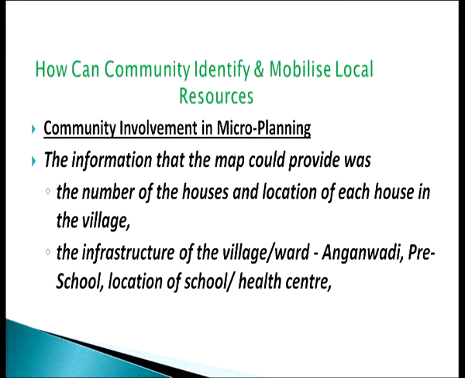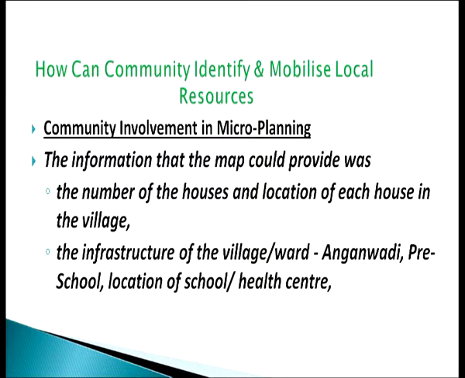Very important thing that we need for micro planning is the data or the information. The information that map could provide was the number of houses and location of each house in the village. This becomes an important information.